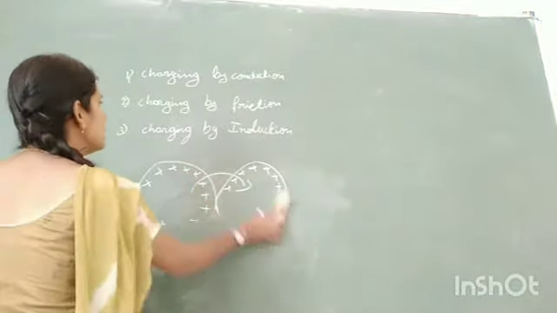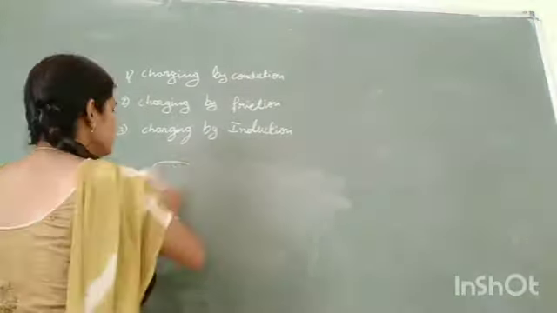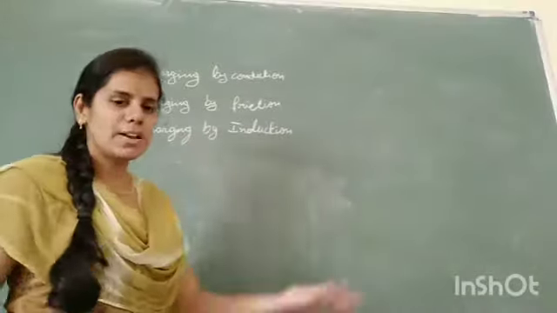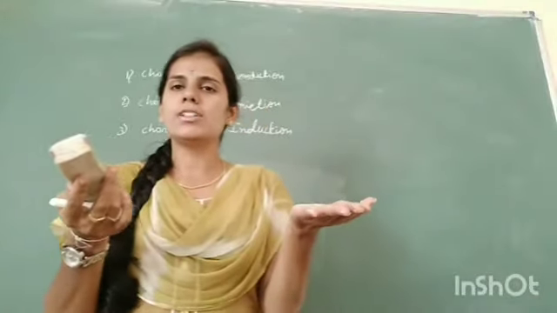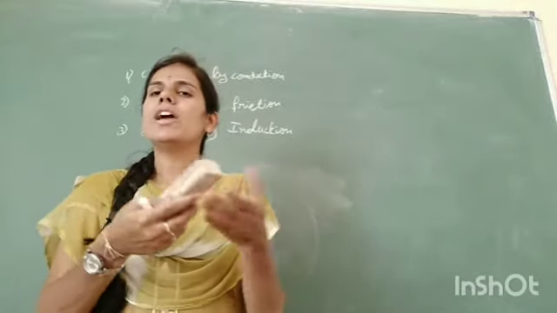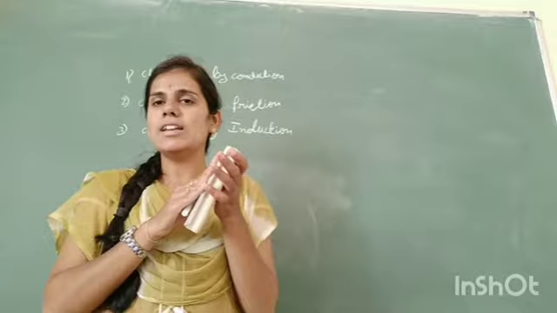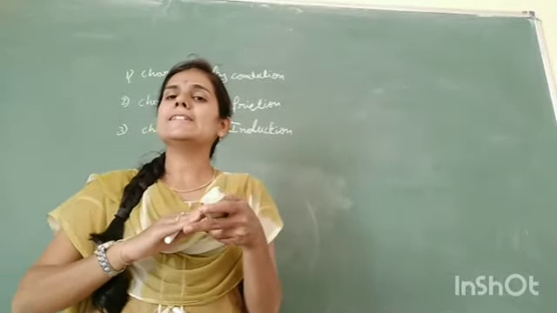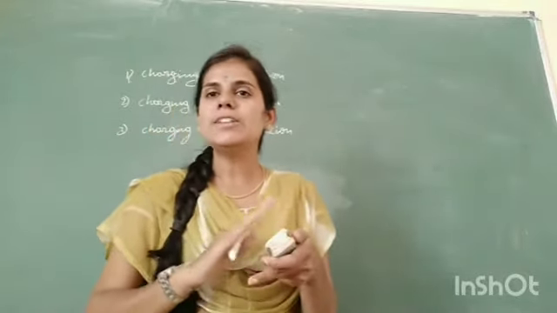So what is meant by charging by friction? Suppose I don't have any charged bodies, then how to produce a charge? I have to rub the uncharged body, and it produces a charge on it.